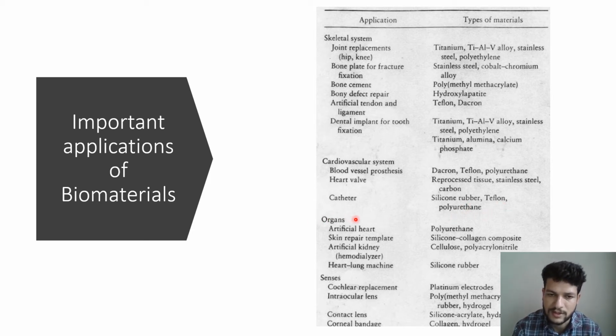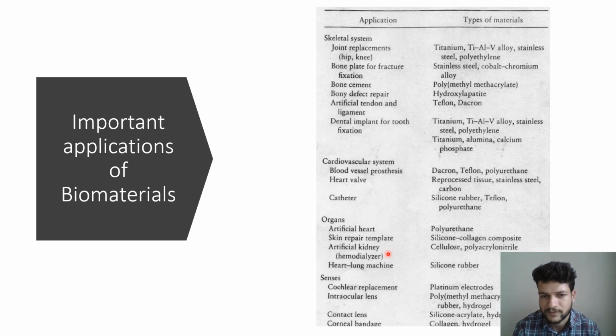For different organs, for example artificial hearts, different groups have tried to make them using polyurethane materials as a scaffold. For skin repair templates, silicone or collagen composites are used by different groups.